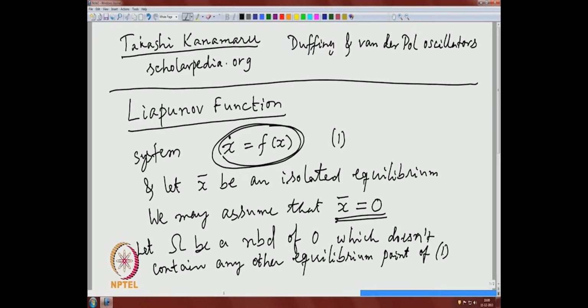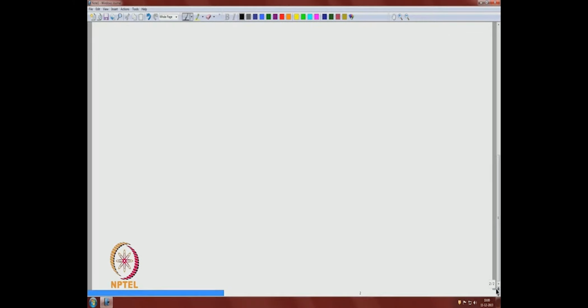So, this is possible because we are assuming 0 is isolated. So, all our analysis now is restricted to that neighborhood omega. So, we define functions and other objects on that omega.